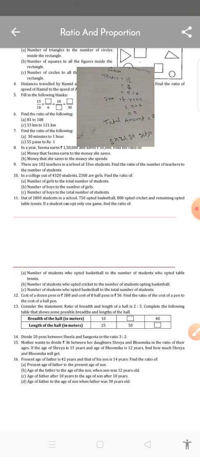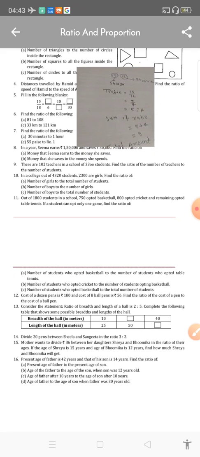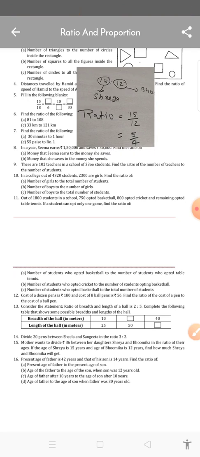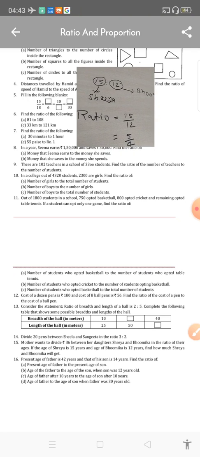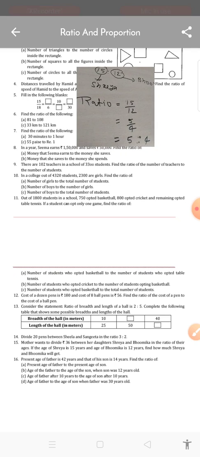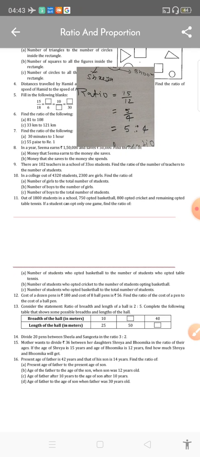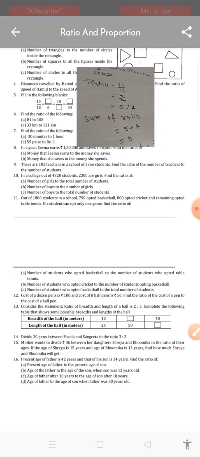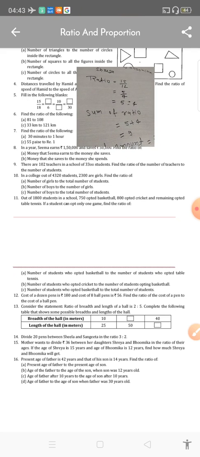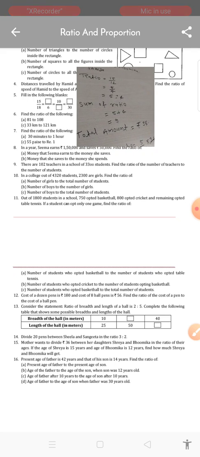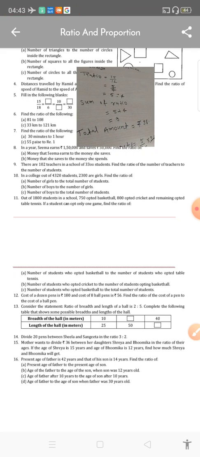So in this way you can see, first it is given that the age of Shreya is 15 years and Bhumika is 12 years. So we find their age ratio is 5:4, and after this we find the sum of the ratio, 5 plus 4 is equal to 9. The total amount given by the mother is 36.